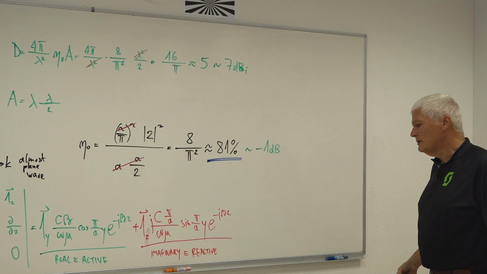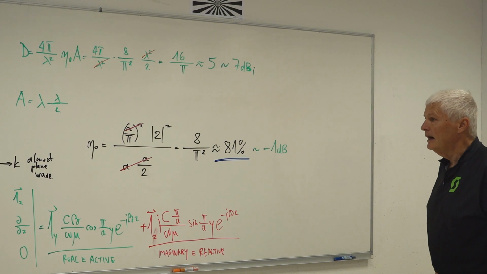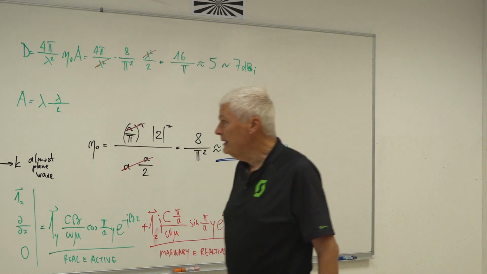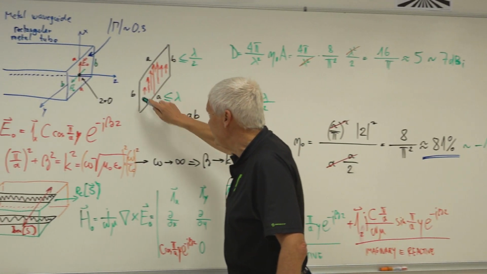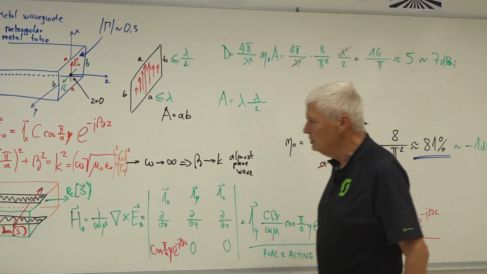Now, how to get to higher gains with a horn antenna? In order to get to higher gains with the horn antenna, I should make the same illumination of a larger area. So what am I going to do?